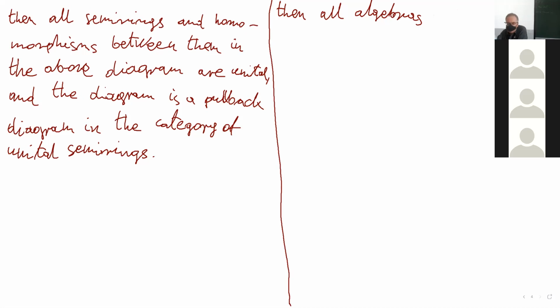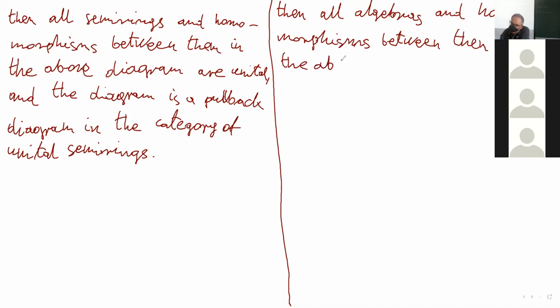And all algebras and homomorphisms between them, of course, in the above diagram, but now I mean a different diagram, of course, the diagram of path algebras, are unital.